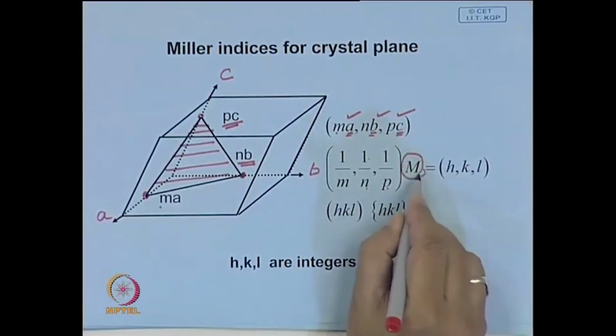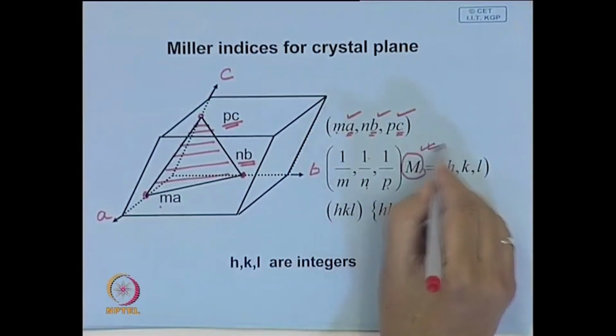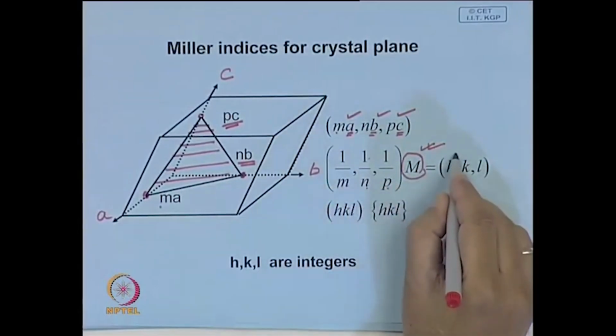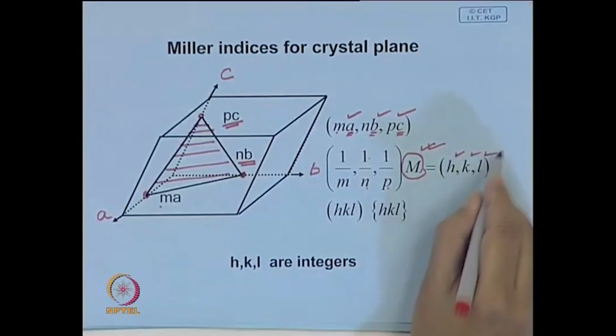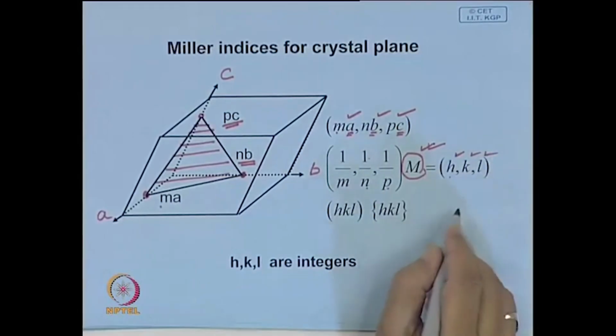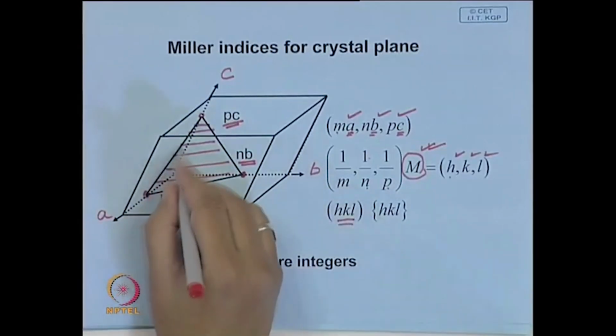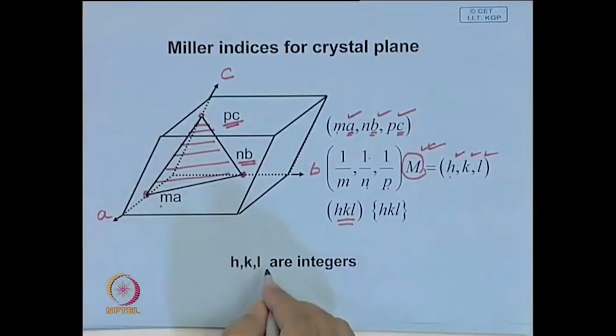Now, you choose this multiplier in such a way that this reduces to integer numbers h k l. So, h k l are integers, and this is called the Miller indices of this particular plane.